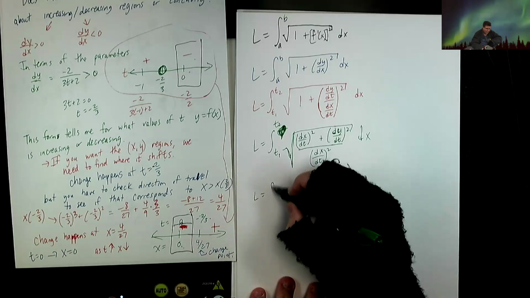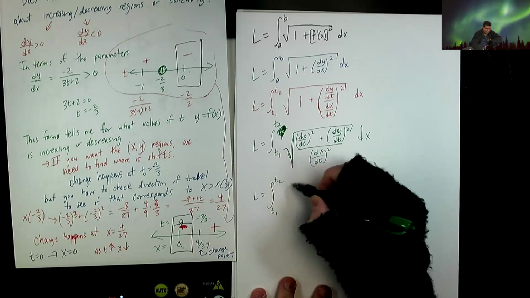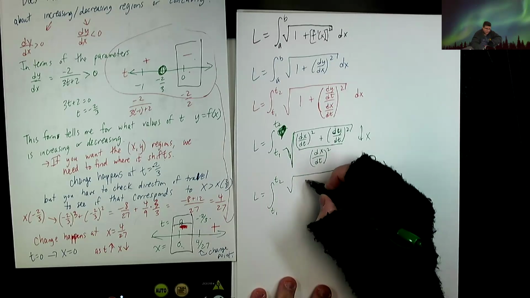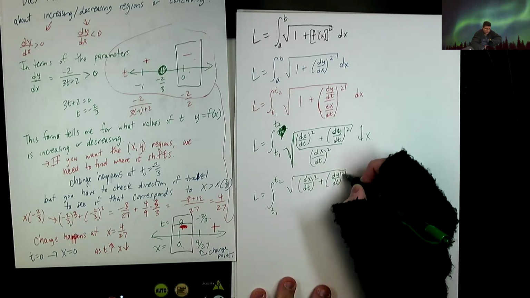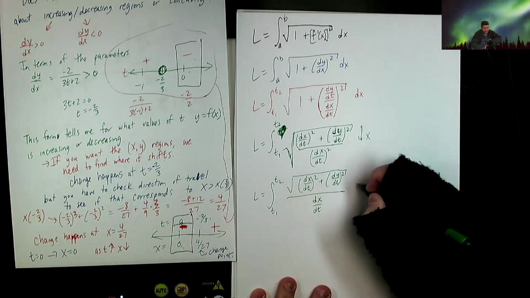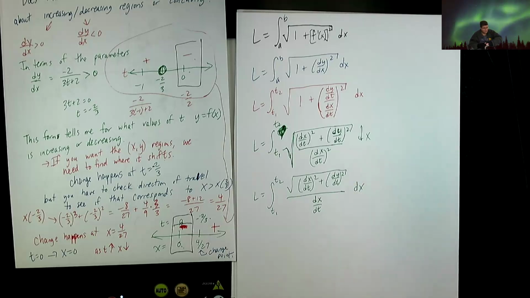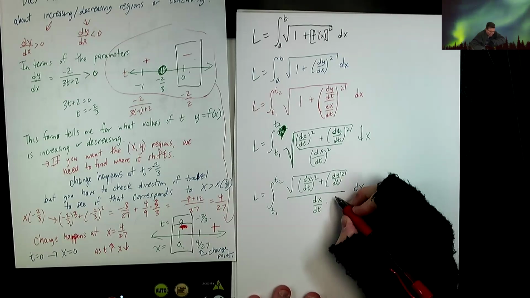I'm going to split that square root, so the square root of the top is separate from the square root of the bottom. The square root of the bottom, I can just take the square root, is dx dt. Again, this doesn't really happen this way, but it totally works.